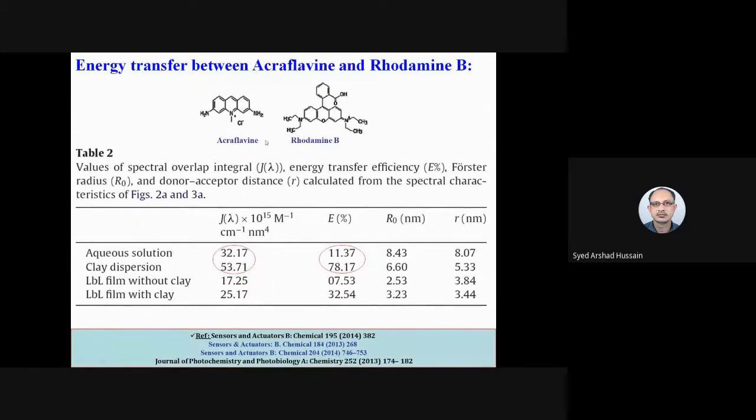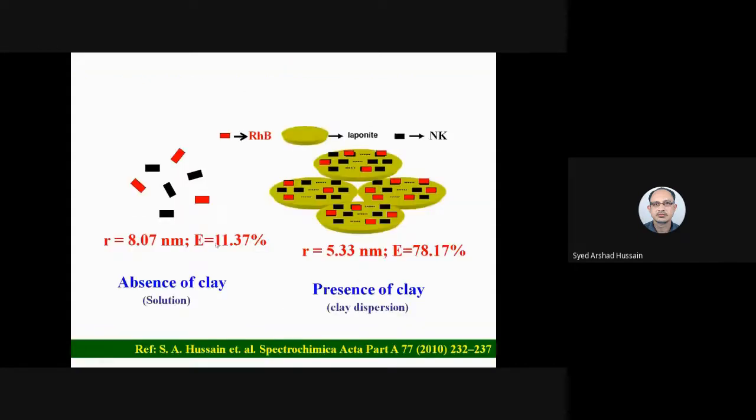Similarly, we designed another system. This is acriflavine and rhodamine, where energy transfer occurred from acriflavine to rhodamine. You see, in the absence of clay, the energy transfer efficiency was 11%, but in clay, it is 78.17%. So almost 7-8 times higher. Why? This is because in the absence of clay, the distance is 11.37 nanometer.